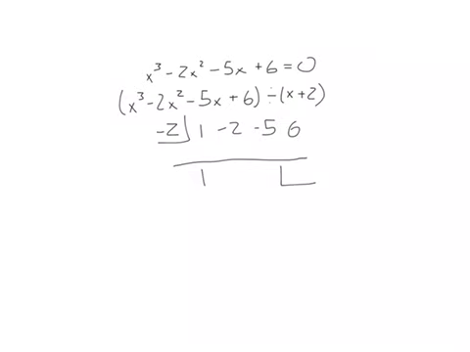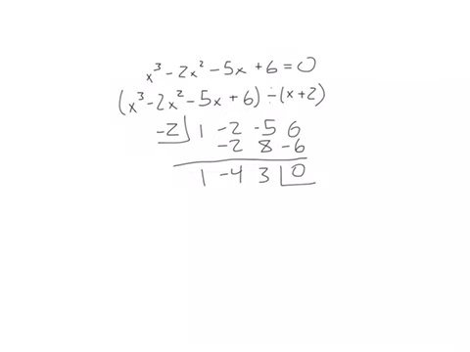So the 1 comes down, then -2, because we're multiplying by -2, then -2 minus 2 is -4, -2 times -4 is +8, -5 plus 8 is +3, and -2 times +3 is -6. 6 minus 6 is 0, so that's good.